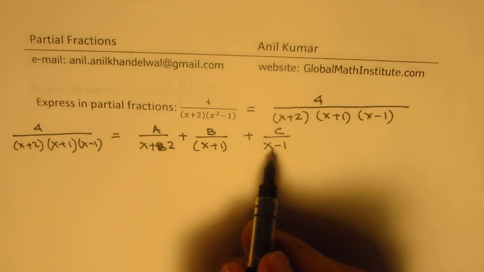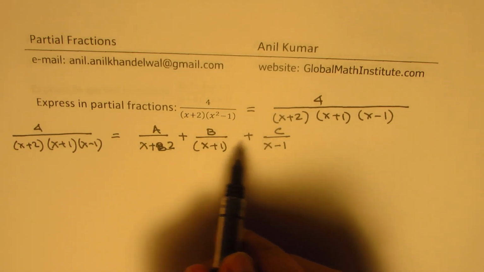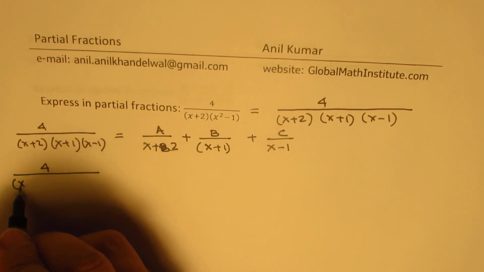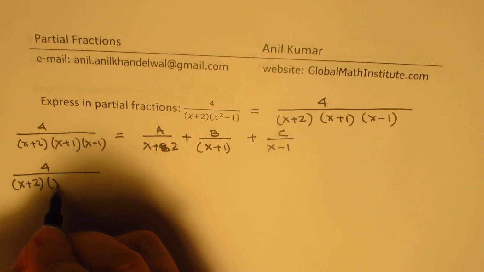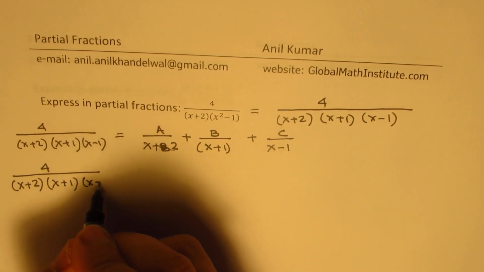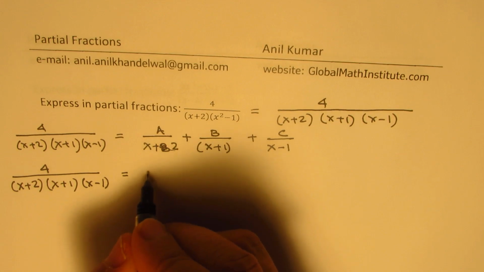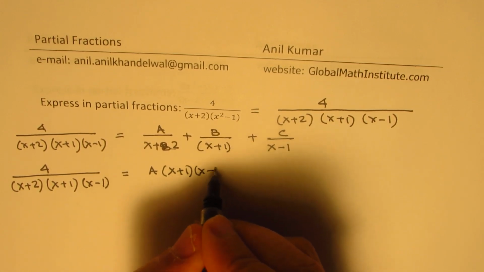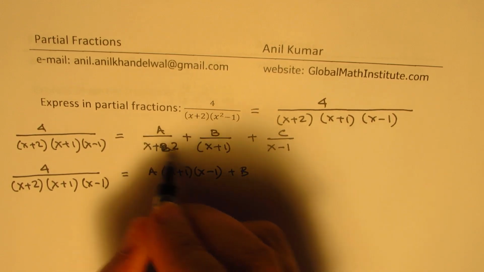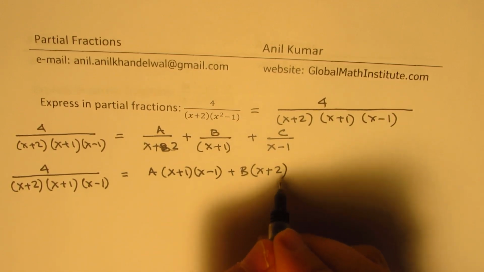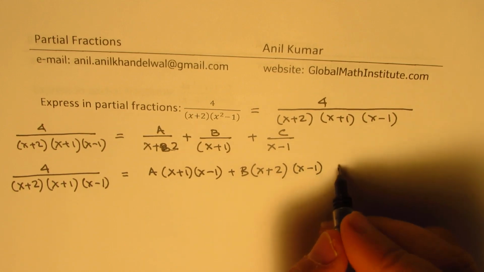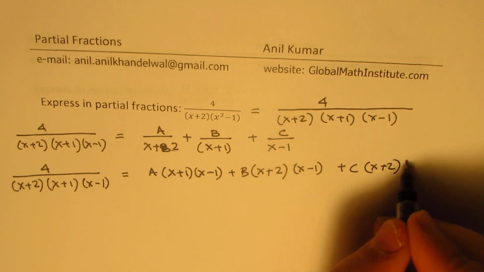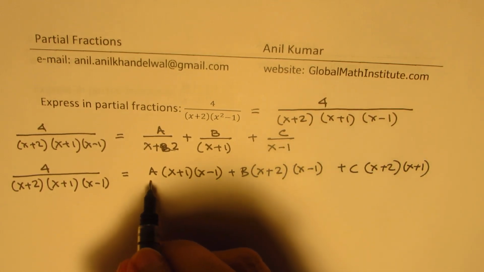Now, you could multiply with a common denominator, and what you get here is 4 over x plus 2 times x plus 1 times x minus 1 equal to a times these two terms, which is x plus 1 times x minus 1, plus b times those two, which is x plus 2 times x minus 1, plus c times these two, which is x plus 2 times x plus 1, correct?